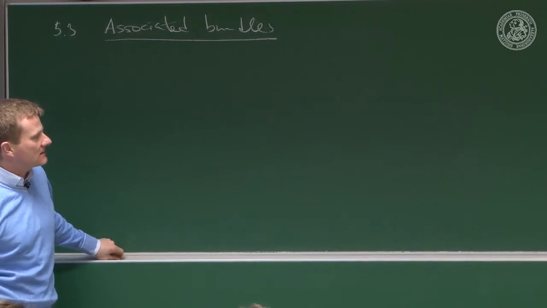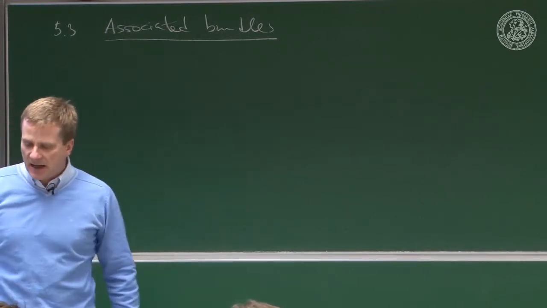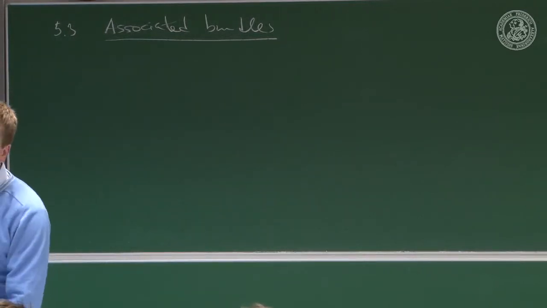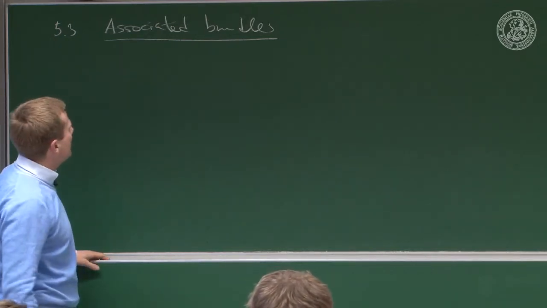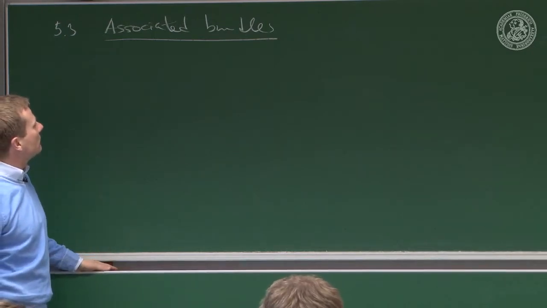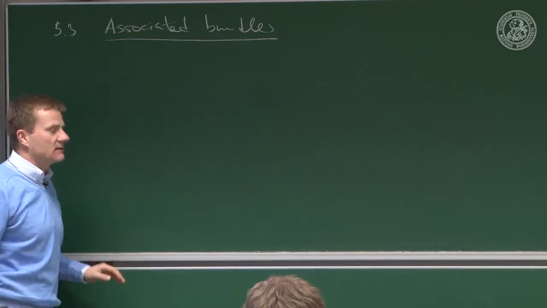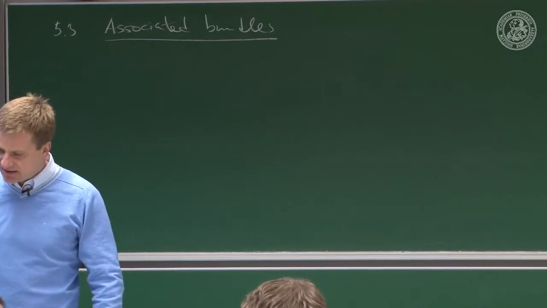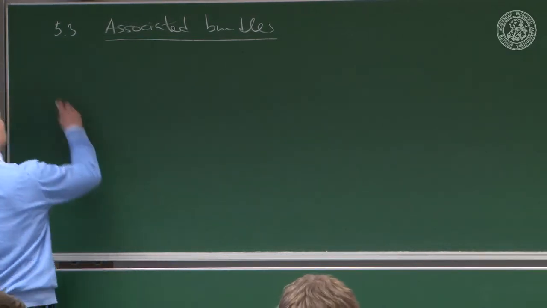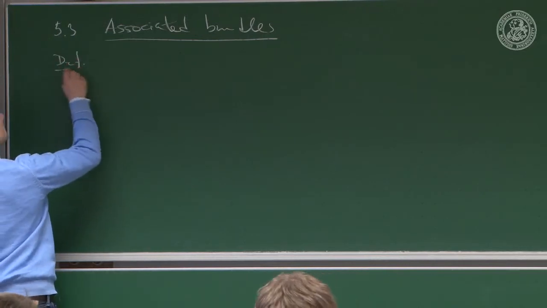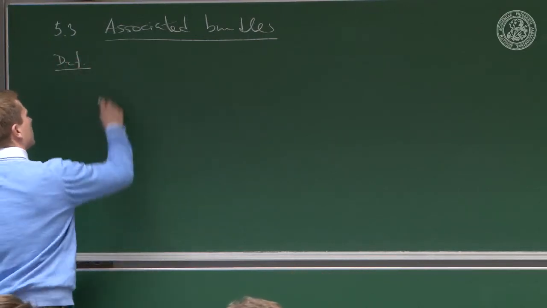So far we've discussed principal fiber bundles, and maybe it remained a little obscure how this relates to constructions in physics in particular, as you had them before. And in a sense, one needs to introduce the associated bundles in order to start grasping the importance of principal fiber bundles. So let's first start with the precise definition.